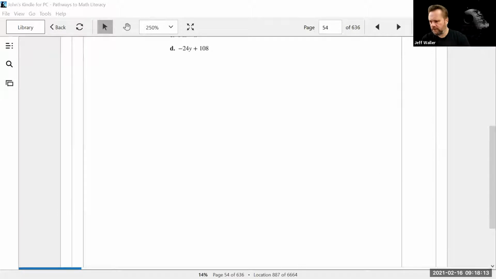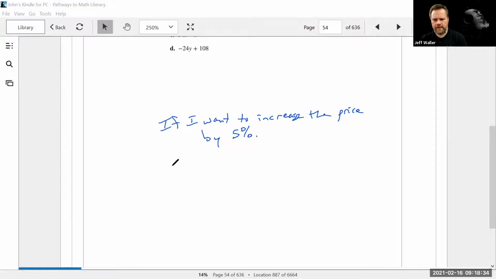We basically learned this if you were paying attention, but if I want to increase the price of something by, I don't know, 5%, right? So if I have it originally as $80 and I want to make some money, I'm going to sell this in my store. So I'm going to mark it up by 5%. Or if I'm the bookstore, I'm going to mark it up by 34%, right?